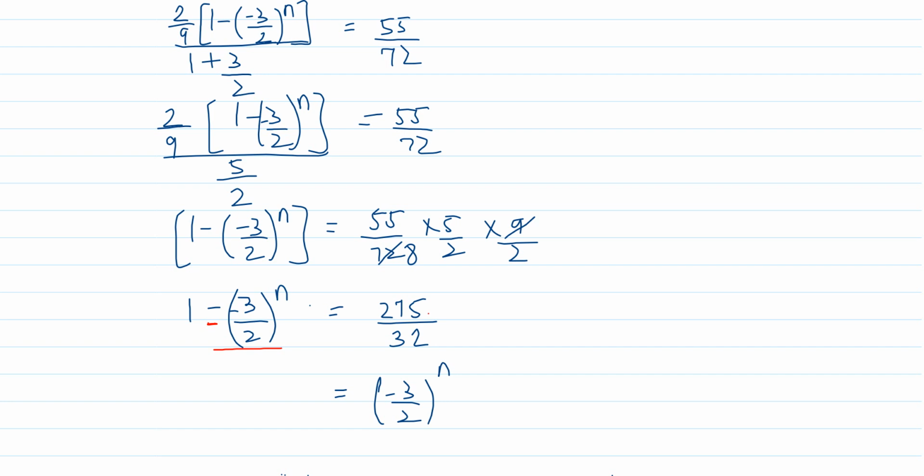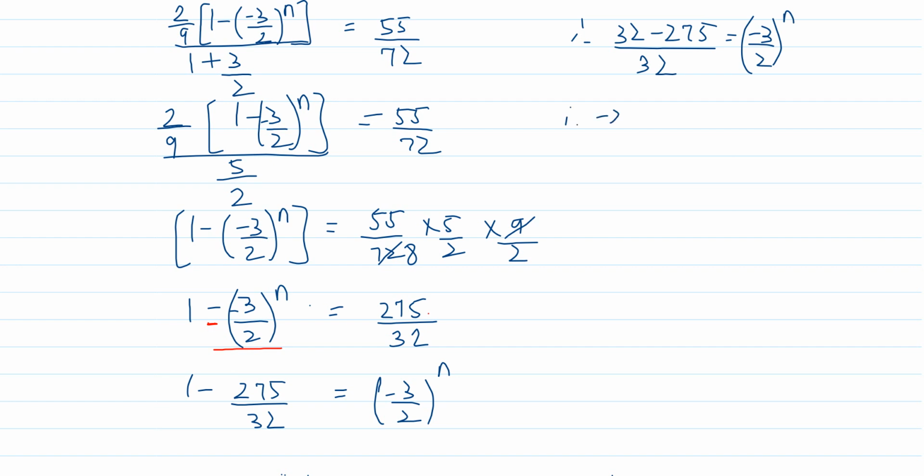So here I'll be taking 1 minus 275 upon 32. So that will give me 32 minus 275 upon 32, which will be equal to minus 3 upon 2 the whole raised to n. So that gives me minus 243 upon 32, which is equal to minus 3 upon 2 the whole raised to n.